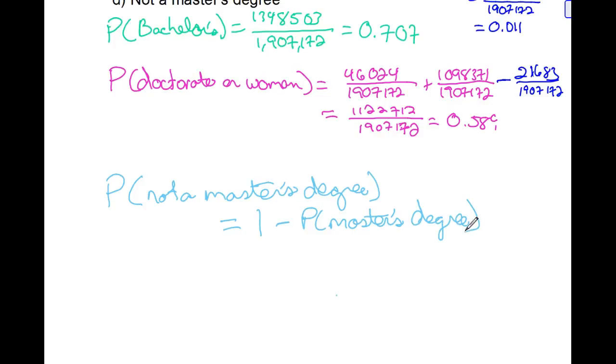Okay? Because all of our probabilities have to add up to 1, where we're talking about probabilities of any random sample. Every probability has to add up to 1.